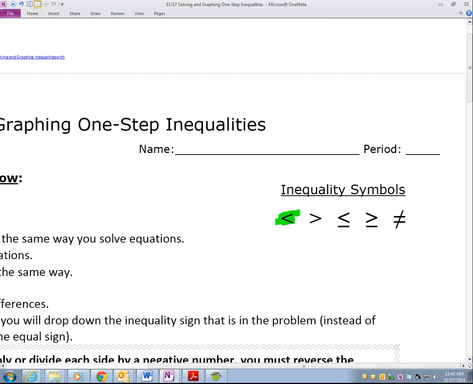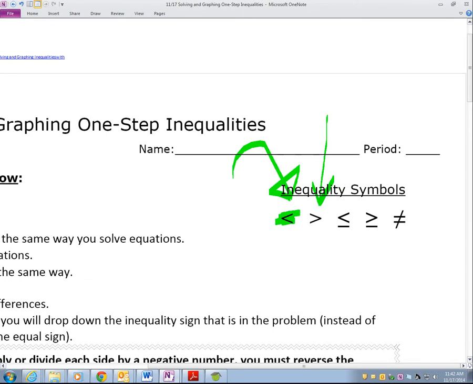Or the way that I liked to learn it was whenever you start to see the symbol, when it's the small side that you interact with first, as your eyes move left to right, you think small, so small is less.